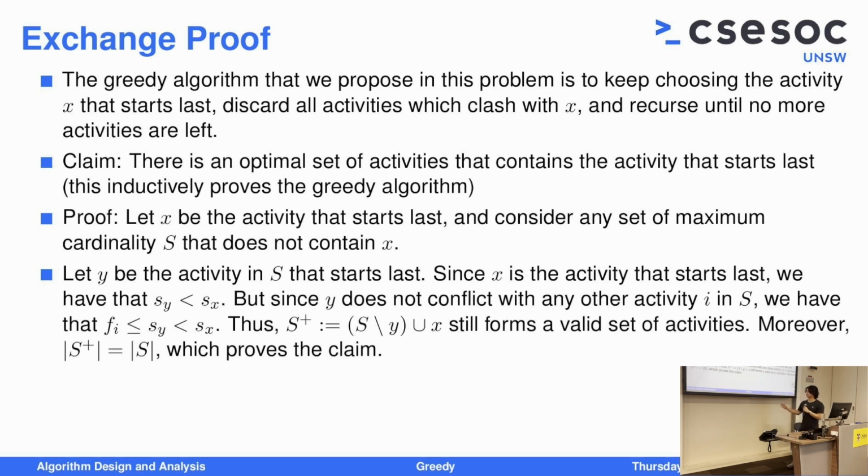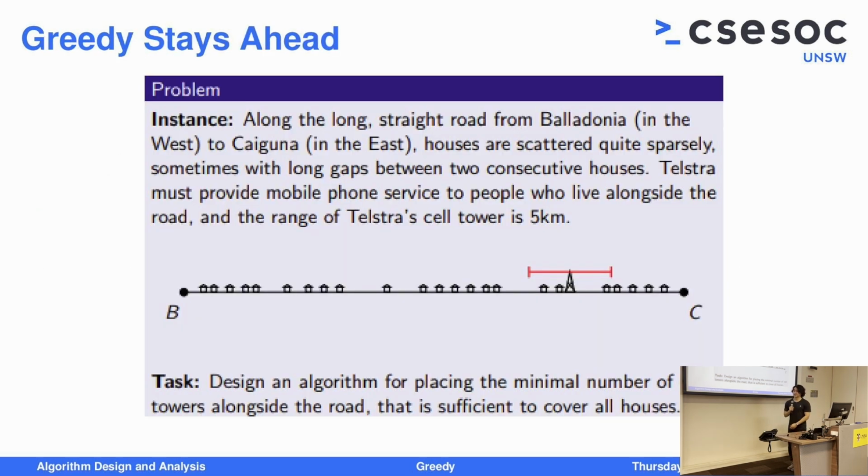This already proves the claim. Does that make sense? So that was an exchange proof. You want to be mathematical, but I think they're fairly lenient: if you get the main idea, you'll get most of the marks.